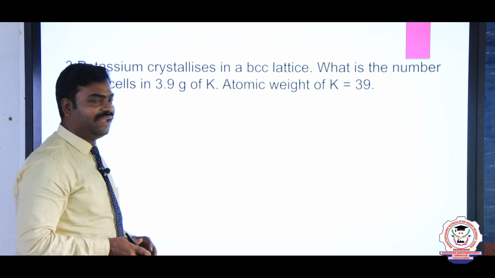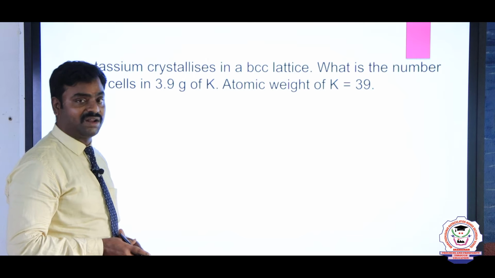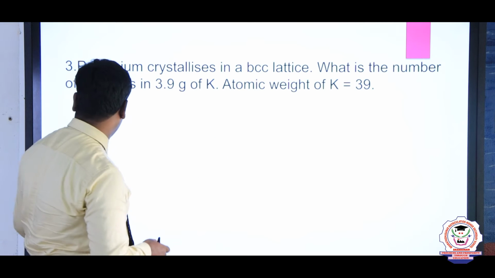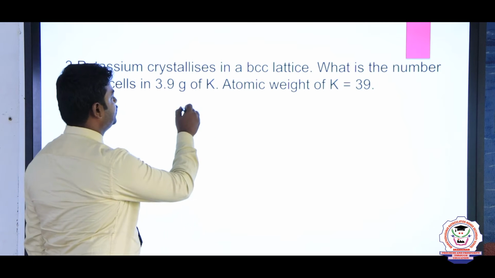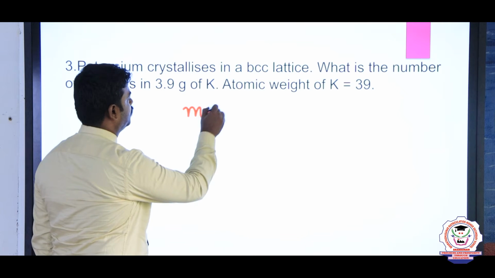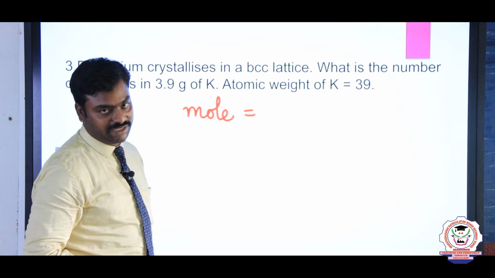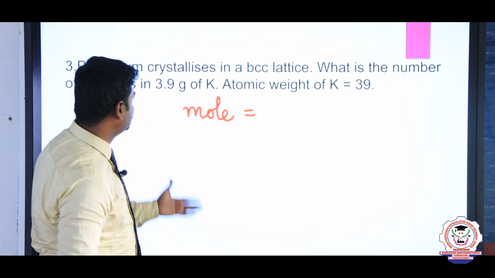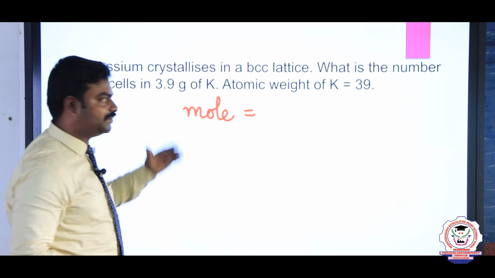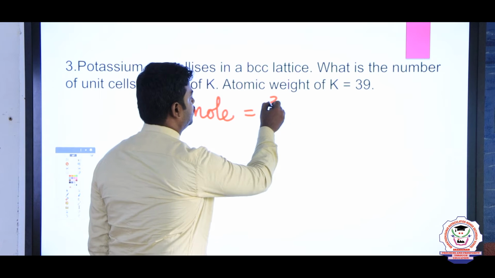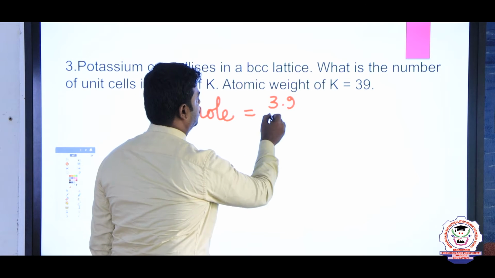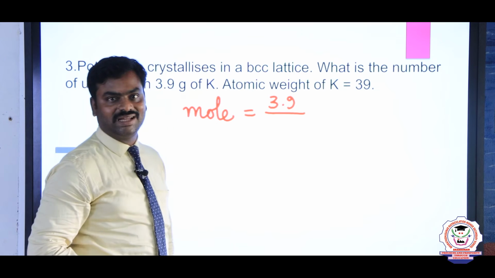So now we have to find the number of moles available here. The mole equation: mole is equal to given mass by molar mass. What is the given mass here? That is 3.9 gram, divided by the molar mass.